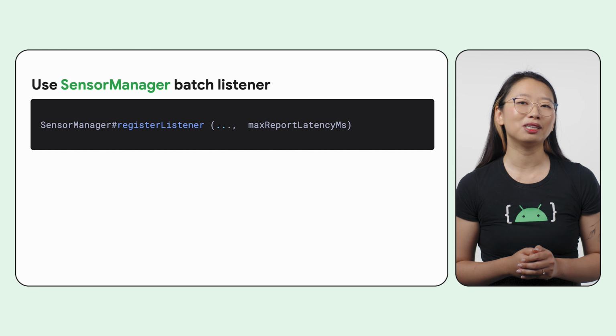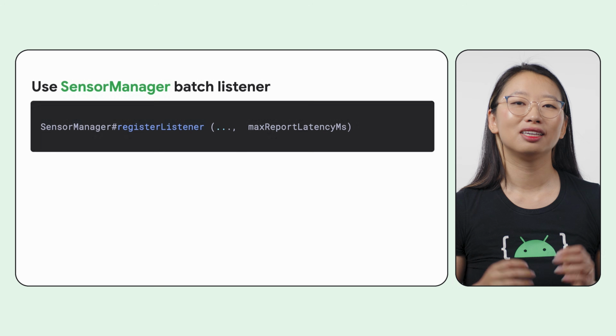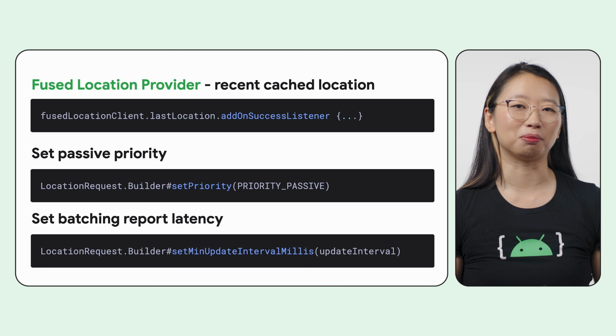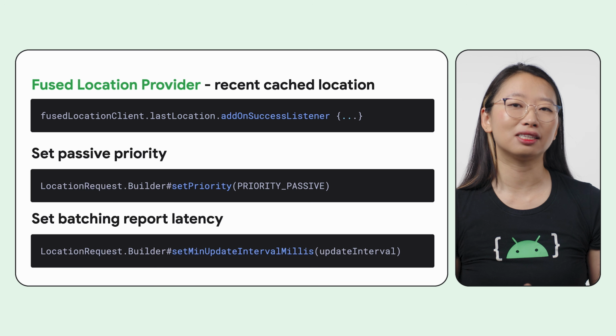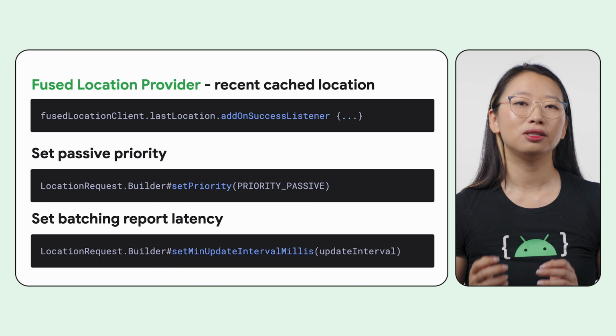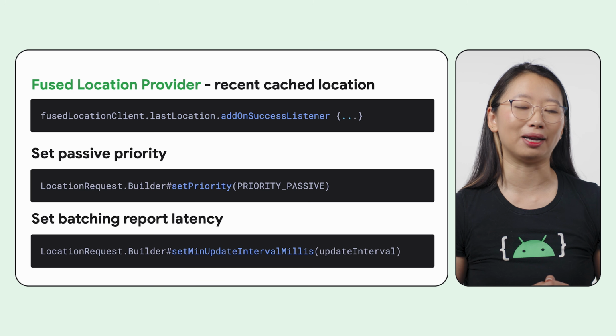This is done by specifying the maximum reporting latency when registering the listener. Similarly, with Fuse Location Provider, you can use the method getLastLocation to get the recently cached location. Use setPriorityPassive to specify a less battery-heavy update mechanism, or leverage batching by setting a minimum update interval.